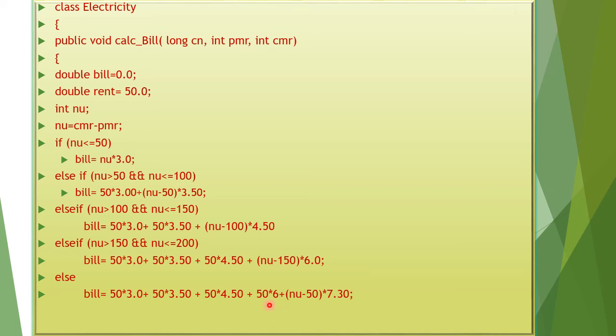So we write here 50 star 6.0 plus for the units exceeding 200. For the units exceeding 200, as per the given criteria, the amount is NU minus 200 star 7.30.